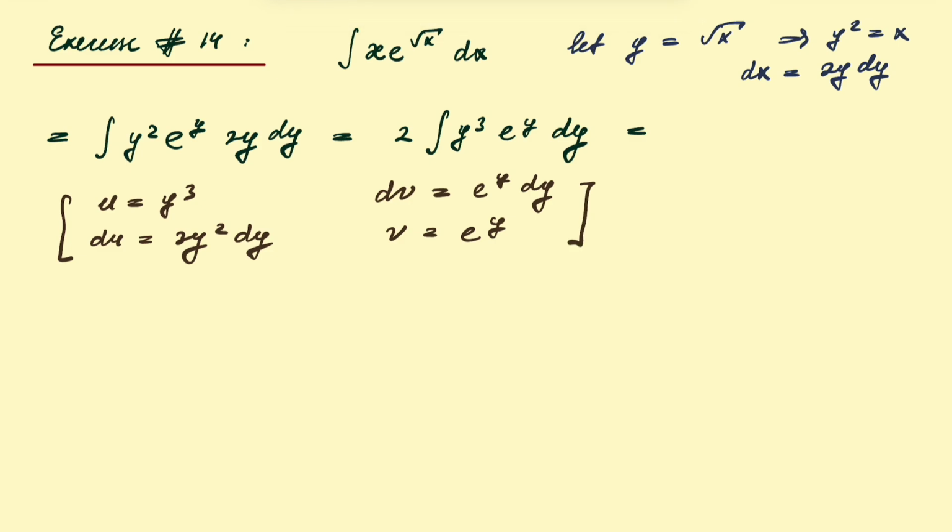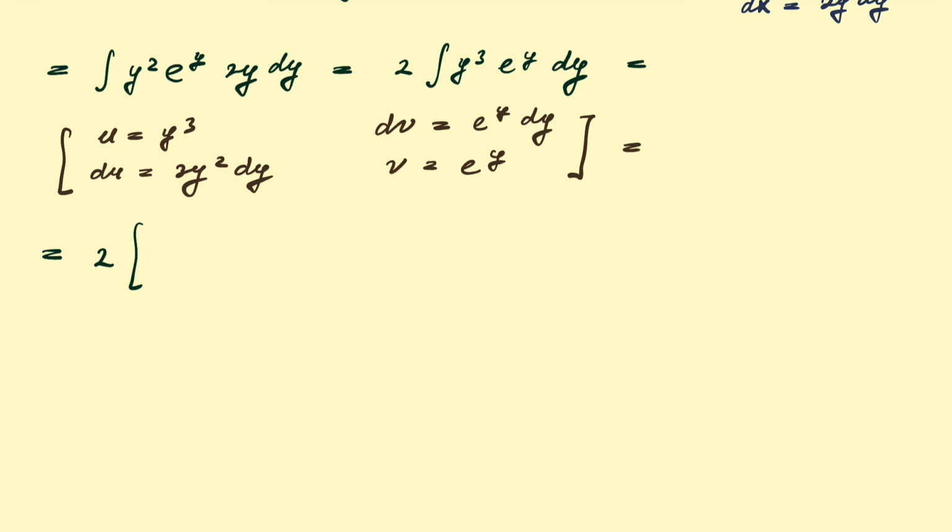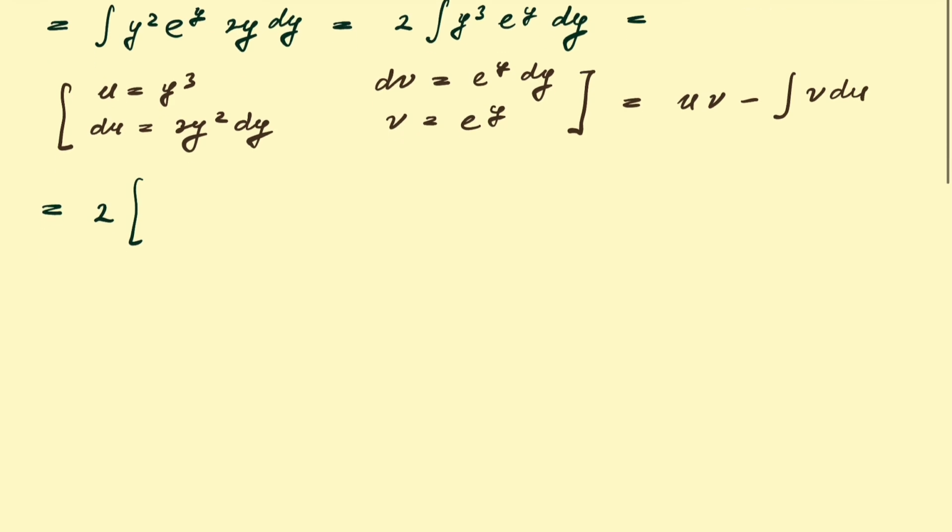Our integral becomes 2 times, well, let me write here what we want to obtain: we have uv minus the integral of v du, right? Yes. Okay, now we have y cubed e to the y minus an integral of 3 times y squared e to the y dy, as expected, right?